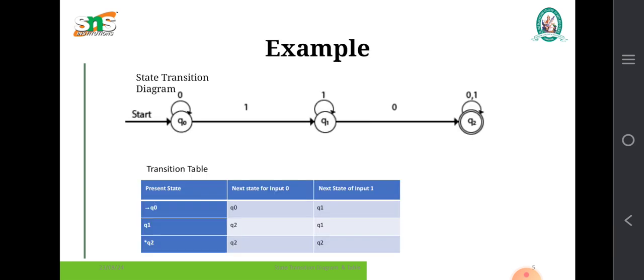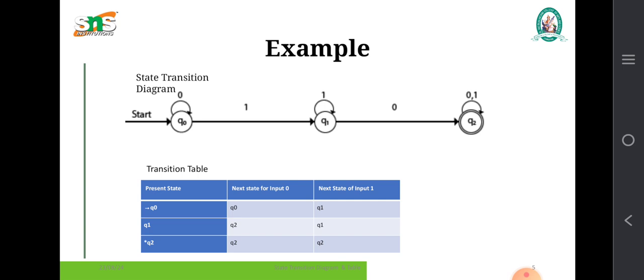Now we have an example here. This is the state transition diagram. Here Q0 is the initial state. By getting 0, it transits to the same state; it is not moving to another state. By getting 1 as an input, it moves to the next state Q1.